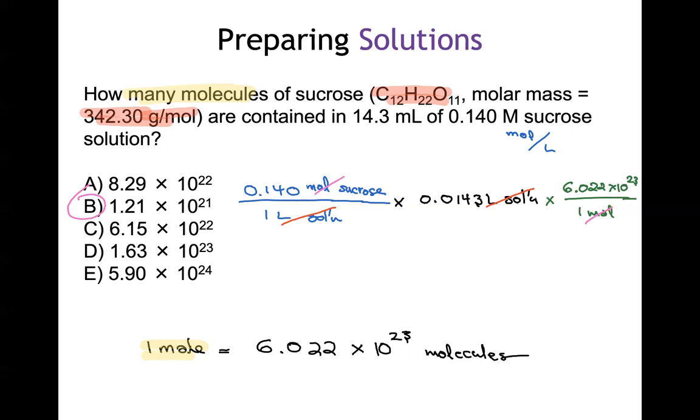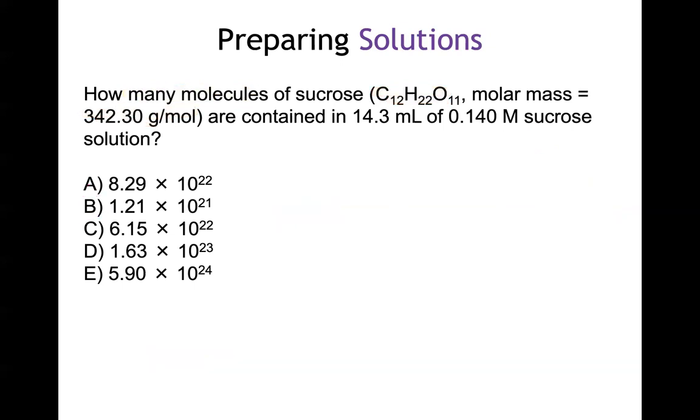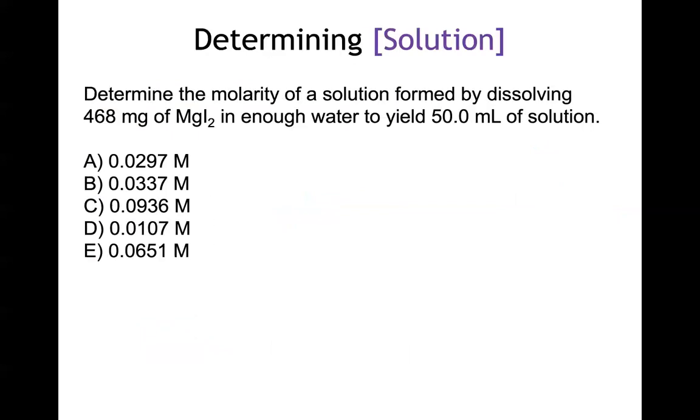So let's take a look at the next problem. Determine the molarity of a solution formed by dissolving 468 milligrams of magnesium iodide in enough water to yield a 50 milliliter solution. Okay, so let's look at what we are looking for. We're looking for the molarity.